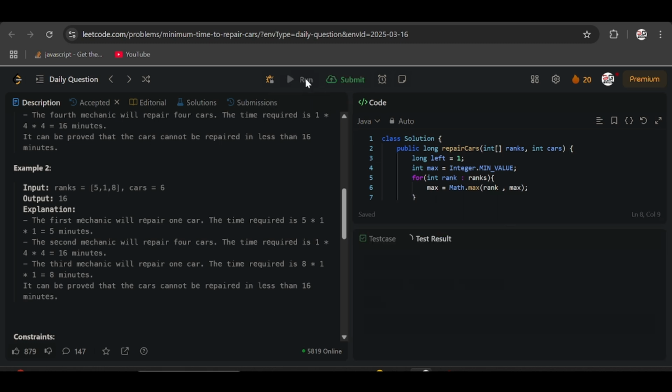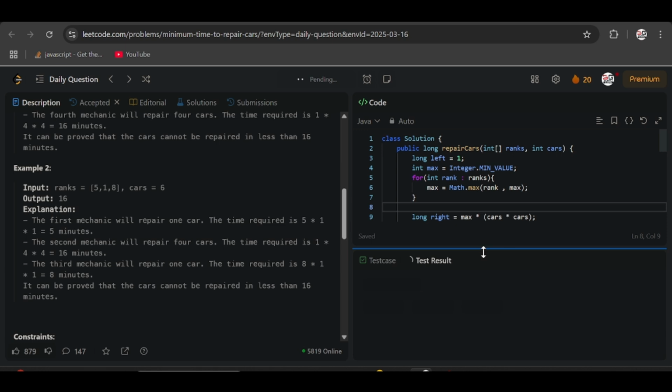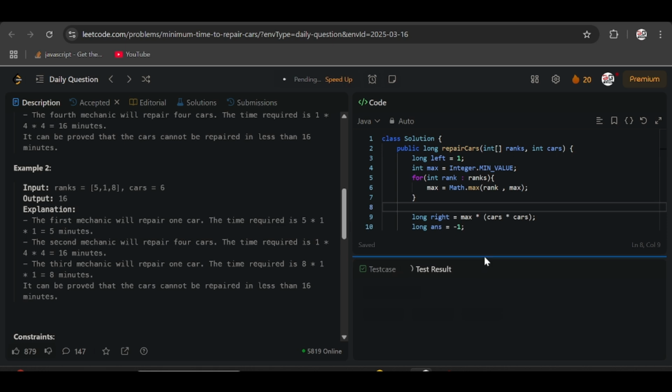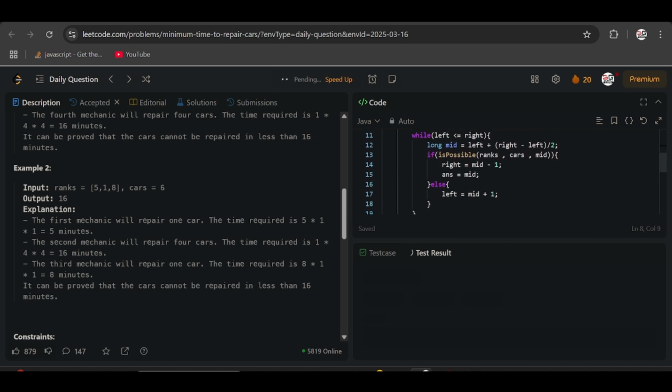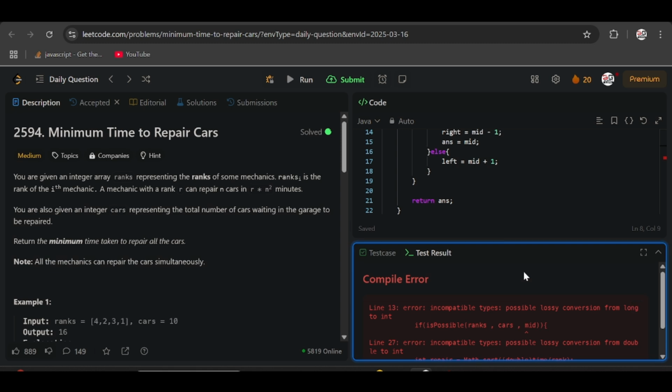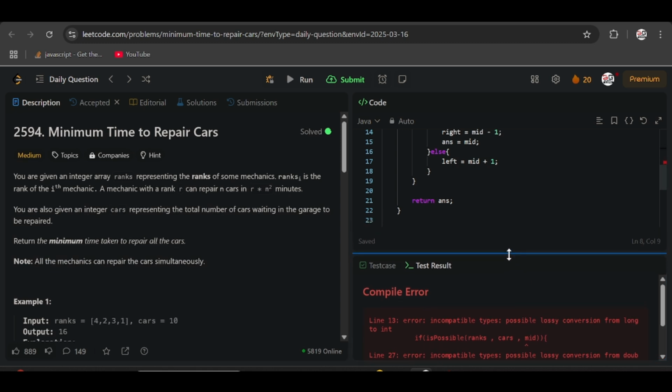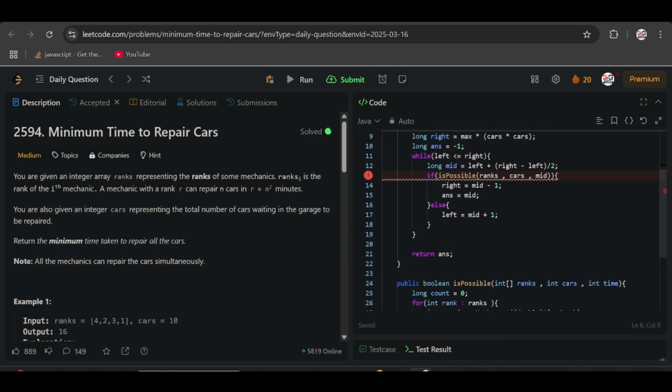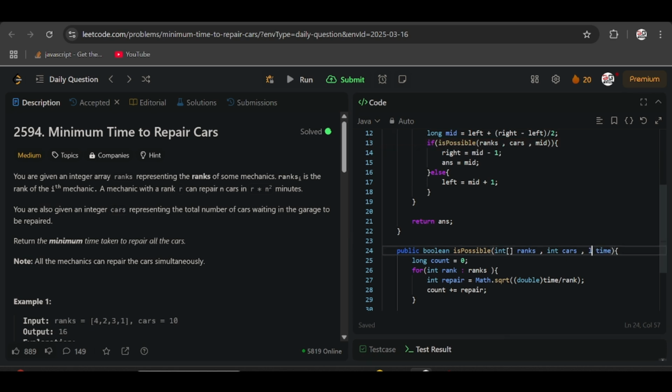Let's see, is there any syntax issue? It says it cannot be converted to long. Okay, just take this as long.